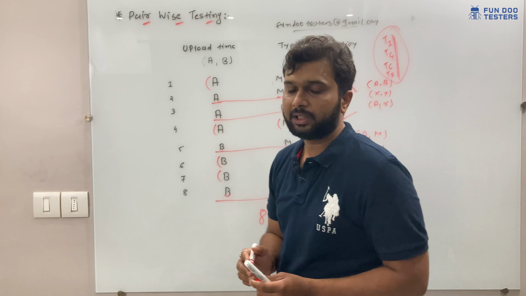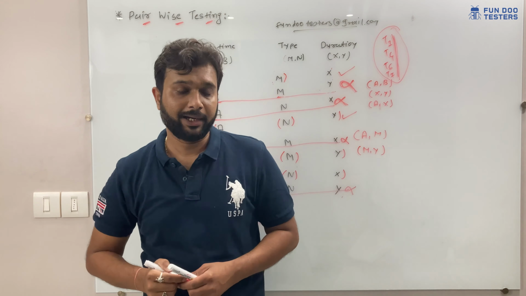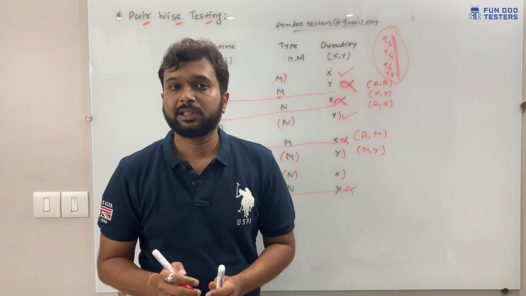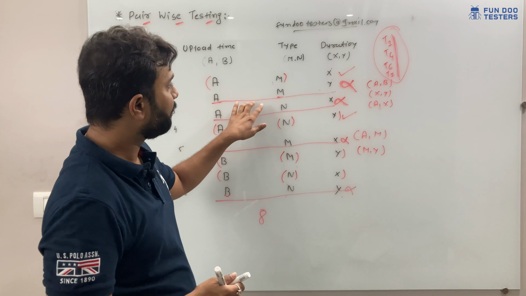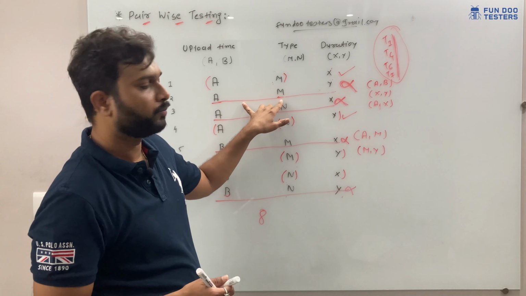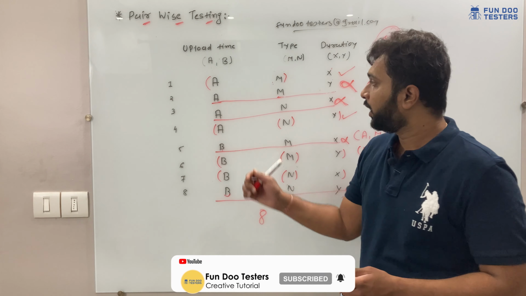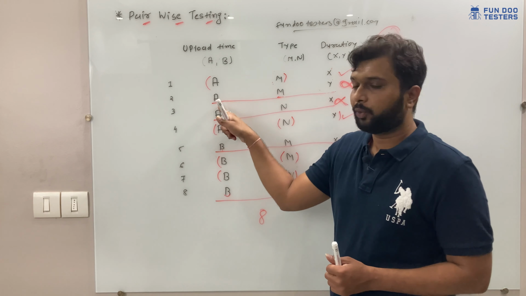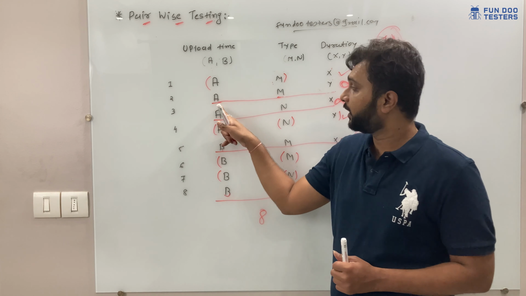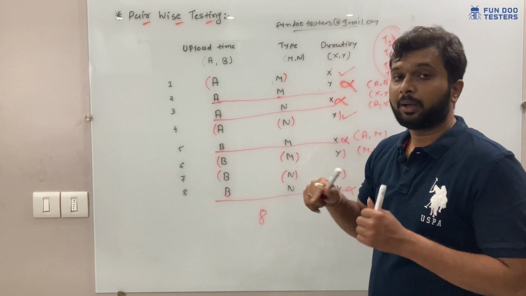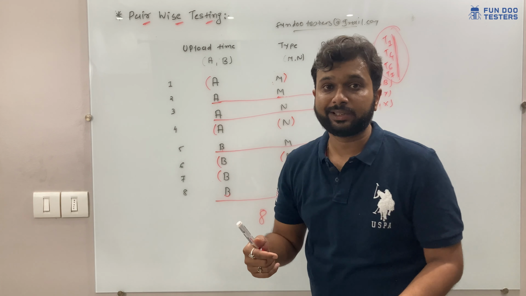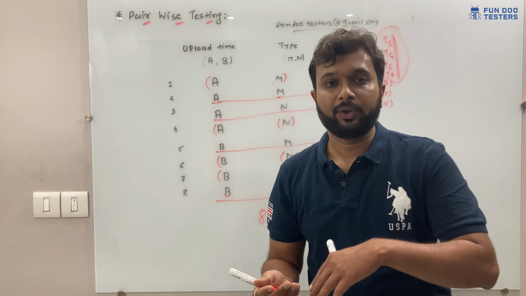Now the question is, if we go with pair testing, what is the chance that we are not going to get any bug here? As per the theory, there are only 2 or 3% chance that we are going to miss a bug here. But if we test a random scenario, then the chance increases.